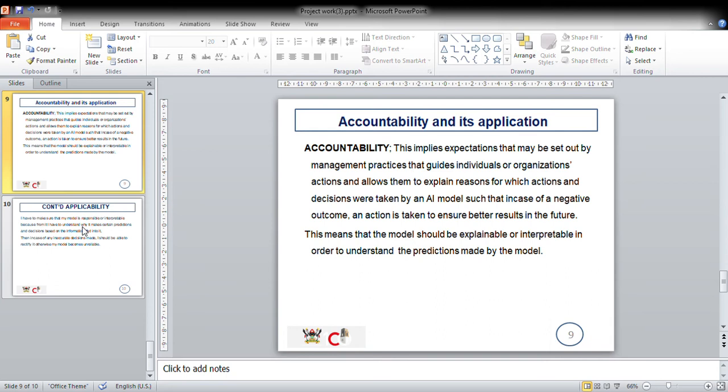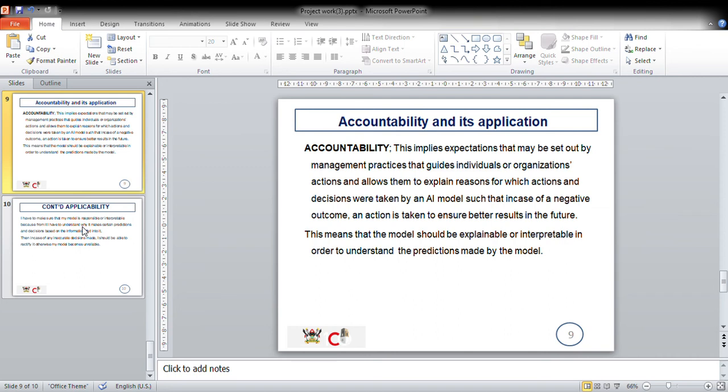What I mean by accountability is that the society or the public expects you, let's say, an organization has been working for an organization. The organization expects you to understand why your model is coming out with a given decision, or why it is predicting a given amount of salary to a given employee. How does it come up with that decision?